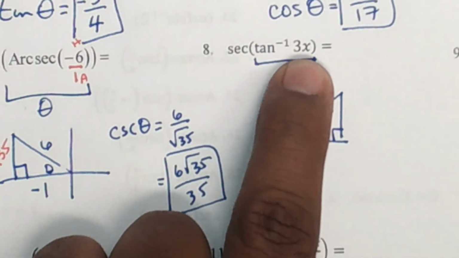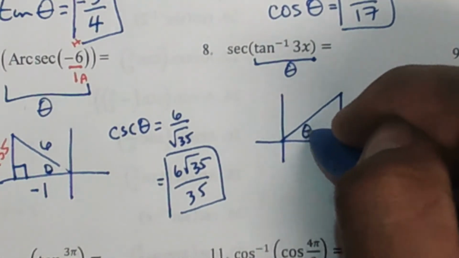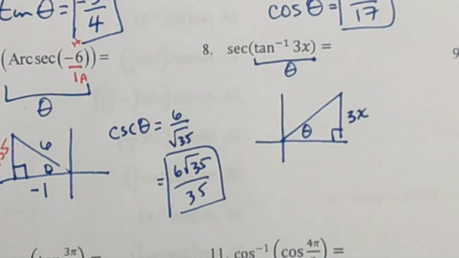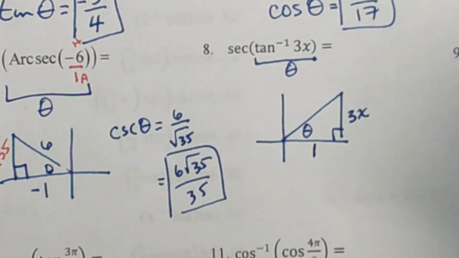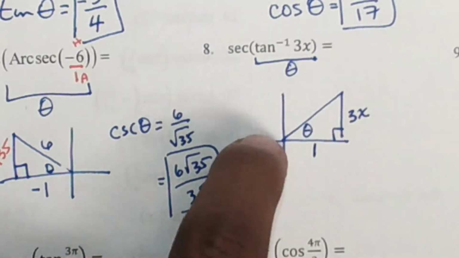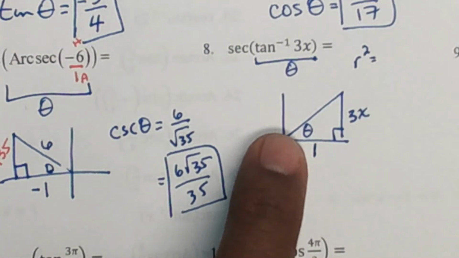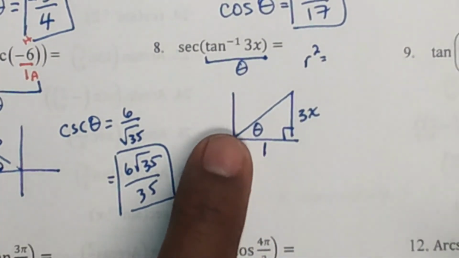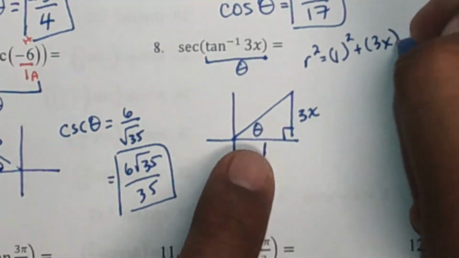Well, tangent, you can think about as y over x, or opposite over adjacent of this angle here. It would be 3x over, well, everything is divisible by 1, so this is 1. So then we have to do some Pythagorean theorem to figure out what my radius or my hypotenuse is. So I'll just put r squared, since we're in pre-cal and that's now our radius. And then do 1 squared plus 3x squared.